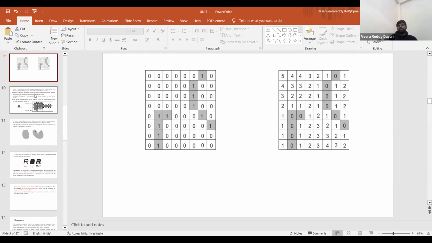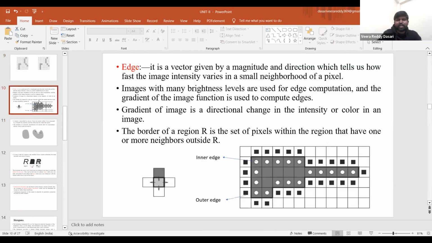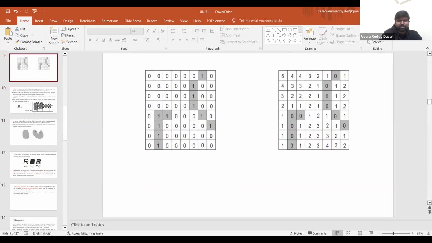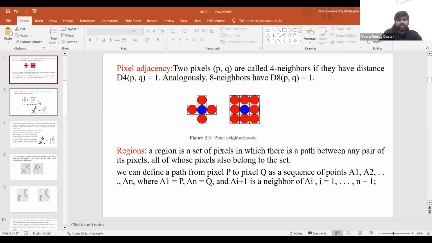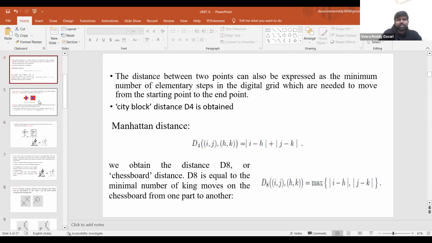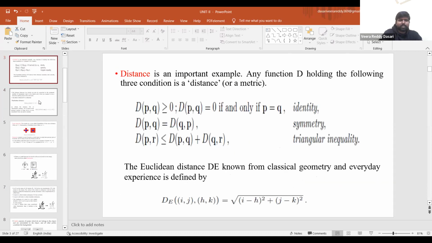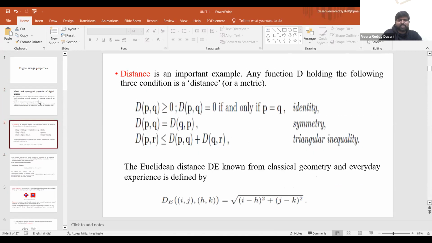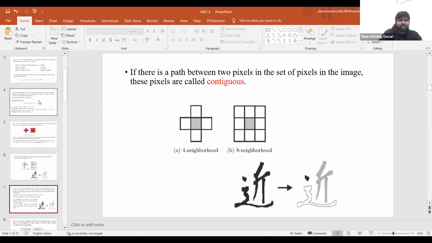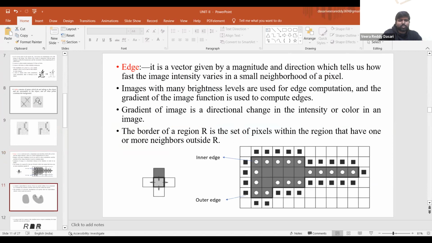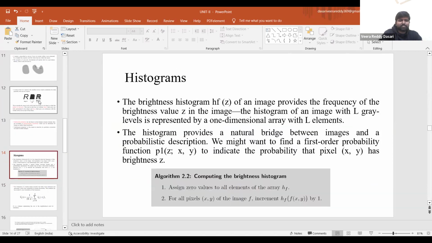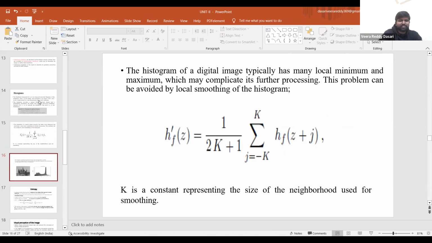So if you can prepare what I explained to you in these 2 days, I am sure that you will get pass marks. You will get around 12 plus or 15 plus marks if you can write the answers correctly about applications of image processing and distance metrics, histogram, image sampling.